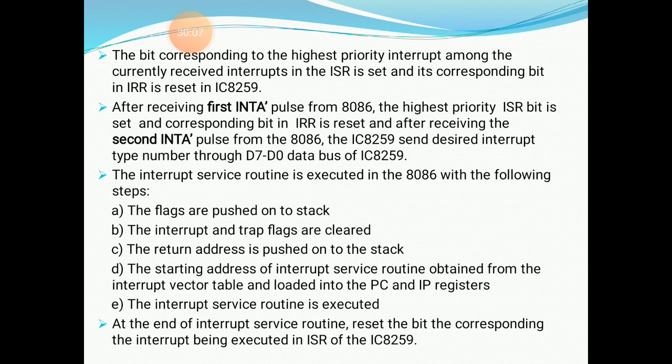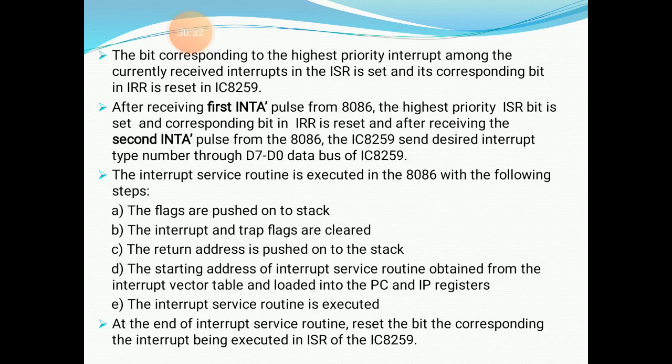After receiving the first INTA bar pulse from the microprocessor, the highest priority ISR bit is set and the corresponding IRR bit is reset. And after receiving the second INTA bar pulse from the processor, the IC 8259 sends the desired interrupt type number through the 8 data lines of the IC 8259.